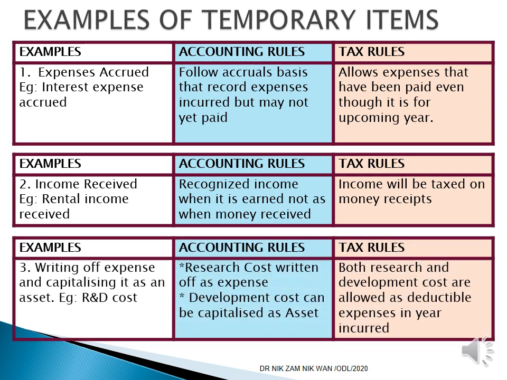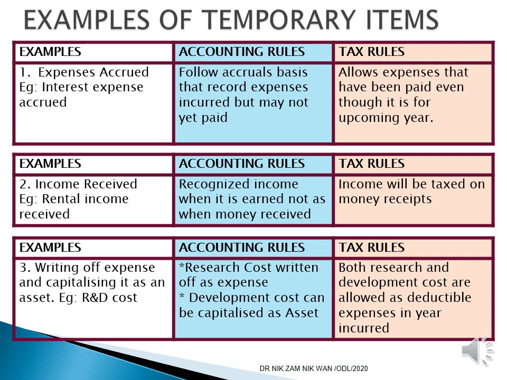Okay, another example which relates to your accounting rules, it refers to your research and development costs. Okay, as you previously learned, kalau research and development cost, you need to identify it separately, where according to the MFRS, research cost will be written off as expenses, whereas development cost, kalau cukup syarat-syarat capitalized, it will be capitalized to asset.